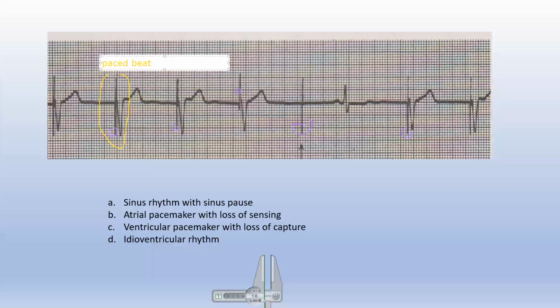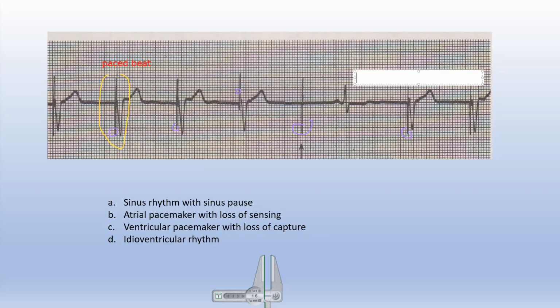But there's also another kind of beat that we notice over here. And this is this particular beat right over here. This is what is known as a native beat or a natural beat. Inherent, native, or natural beat.